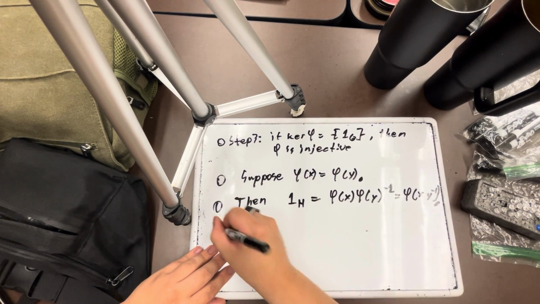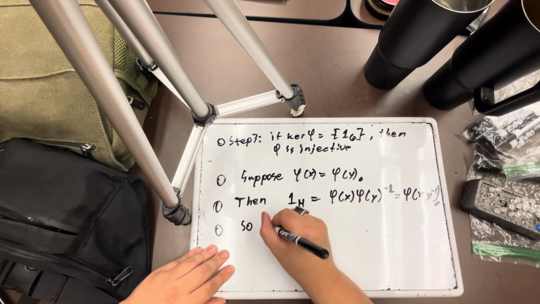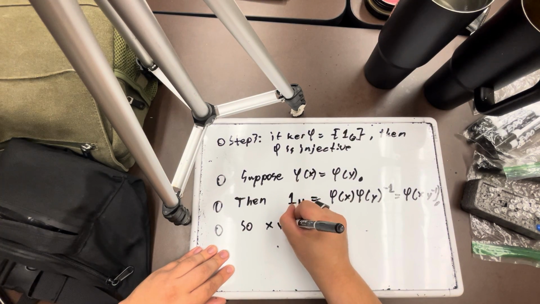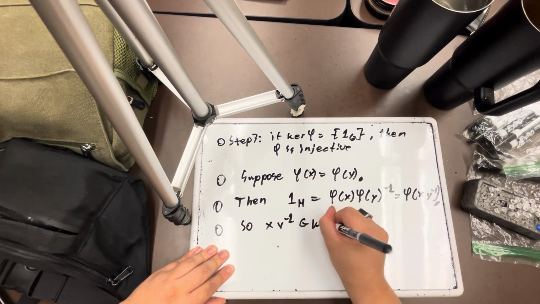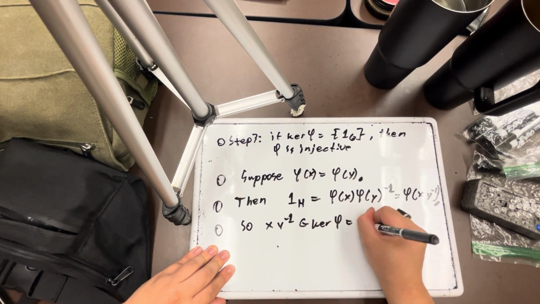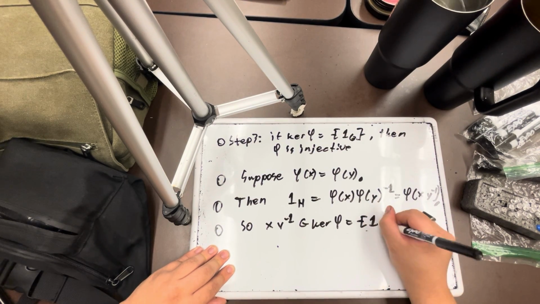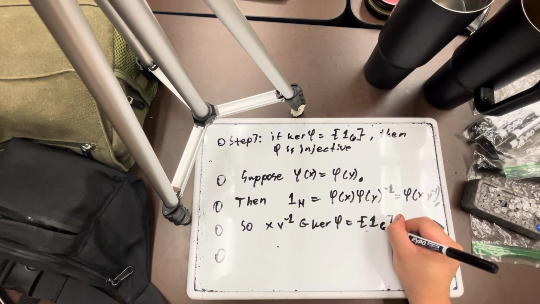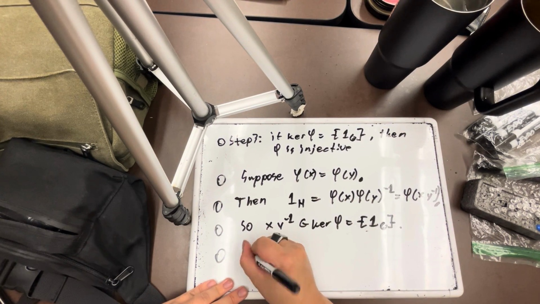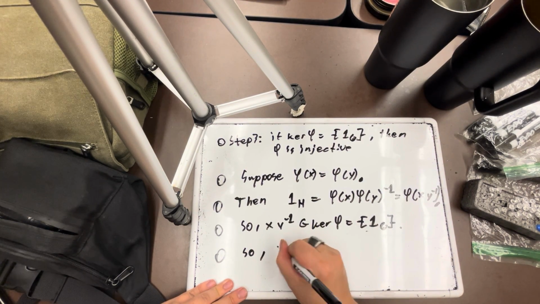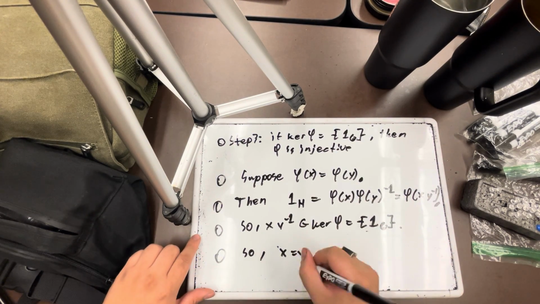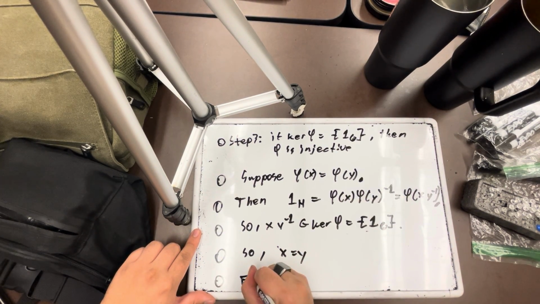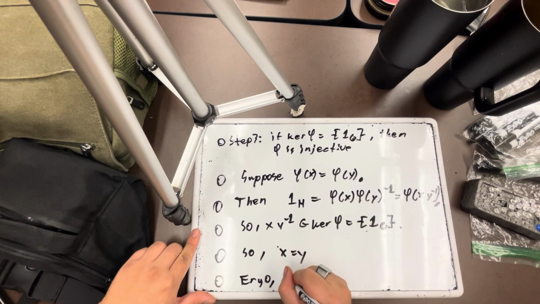Okay, so x inverse y is contained within the kernel of phi, which is equal to the identity of G. So x is equal to y, ergo phi is injective.